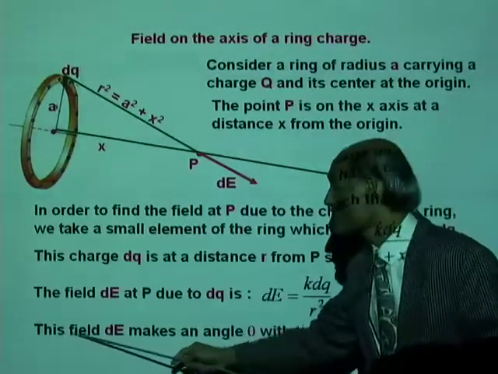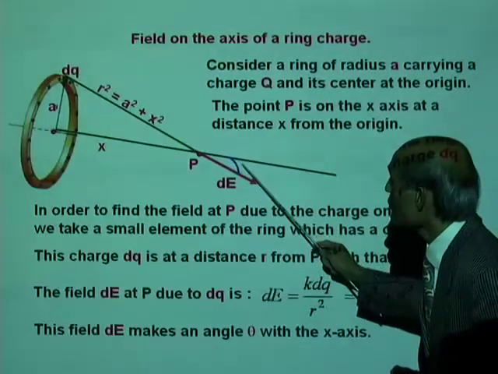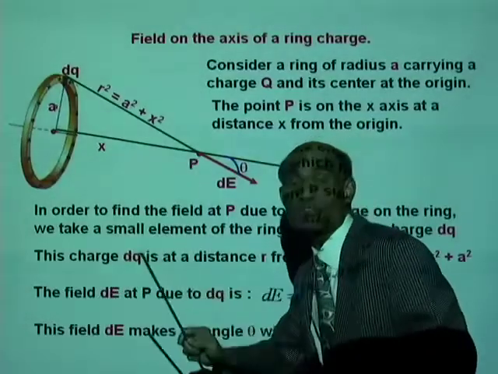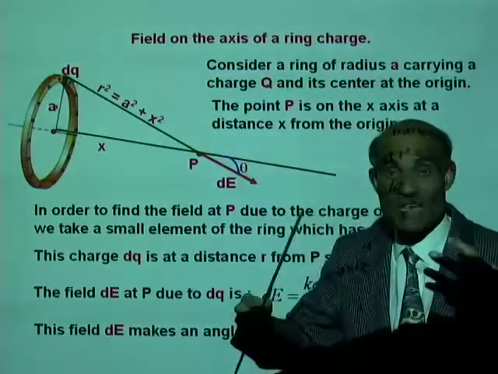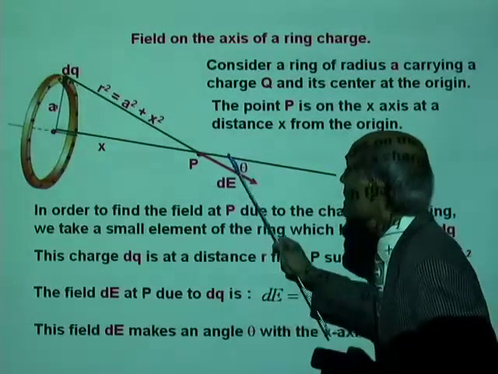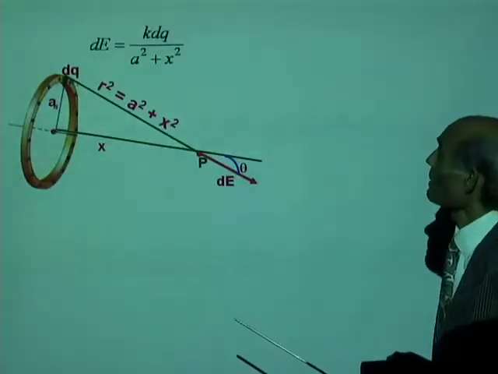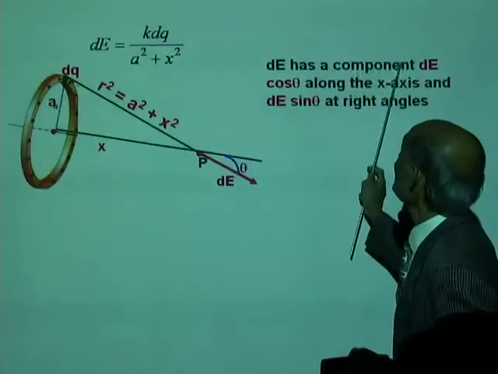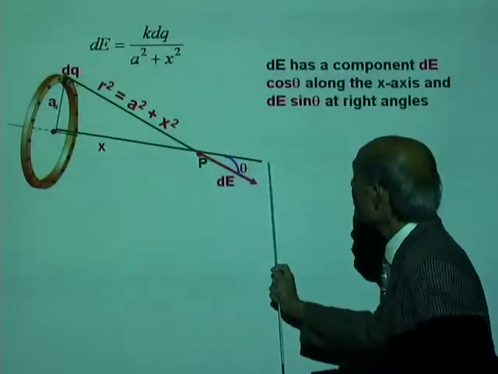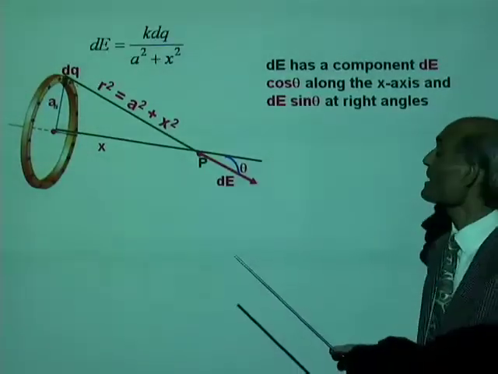This field dE makes an angle theta with the x-axis. Now, we need to break this into x and y components in order to study that, so we need that angle. Let's say dE makes an angle theta with the x-axis. dE has a component dE cos theta along the x-axis and dE sin theta at right angles to the x-axis.